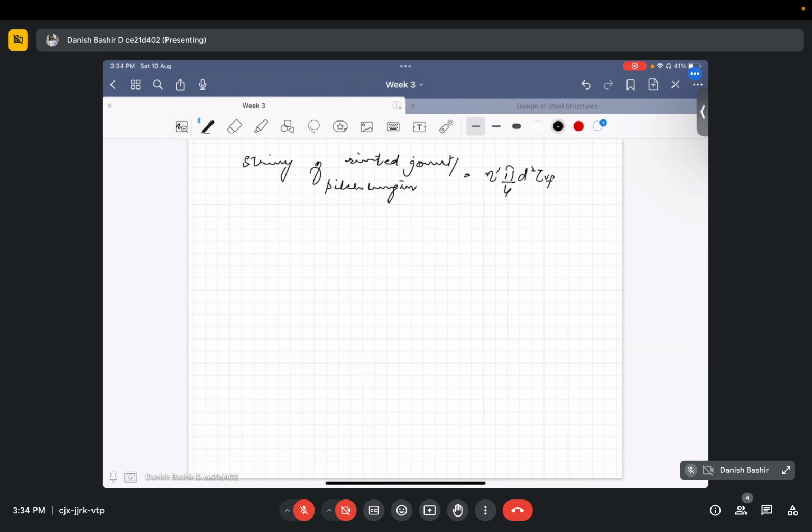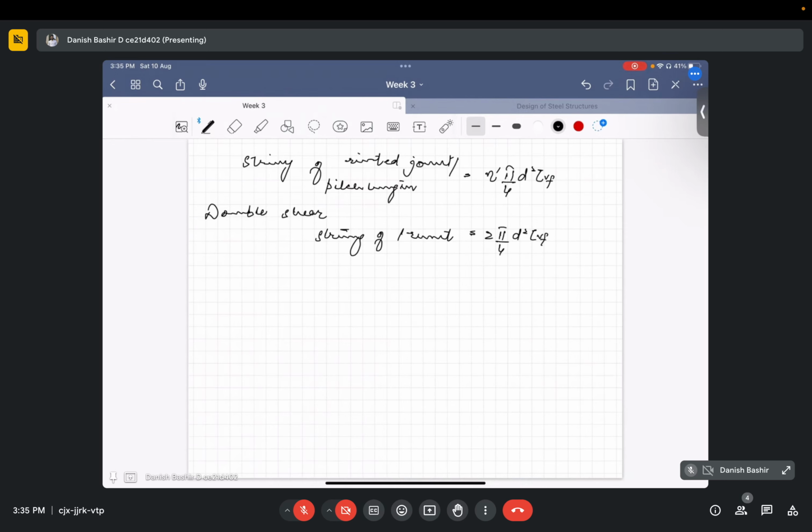So for double shear, we only have to multiply the single shear values by 2. So the strength of one rivet is equal to 2 times pi by 4 d square tau vf, and other things will follow like this.